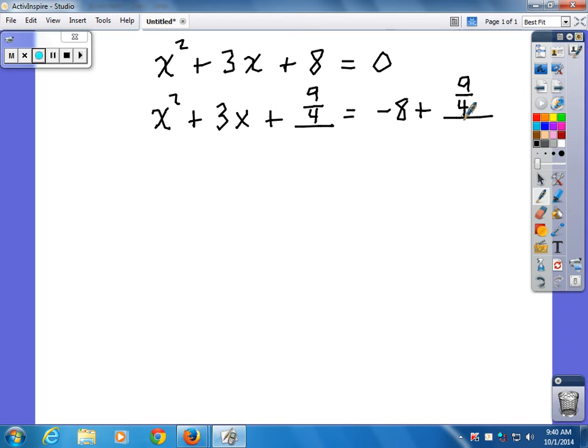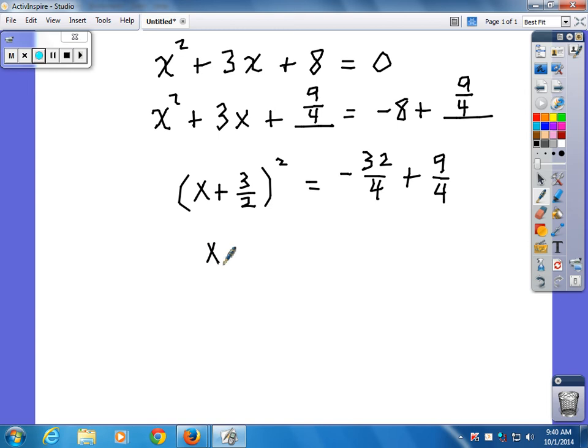And that's going to give you x plus 3 halves quantity squared is equal to negative 32 fourths plus 9 fourths. So negative 32 plus 9 is what? 23. Negative 23 fourths.